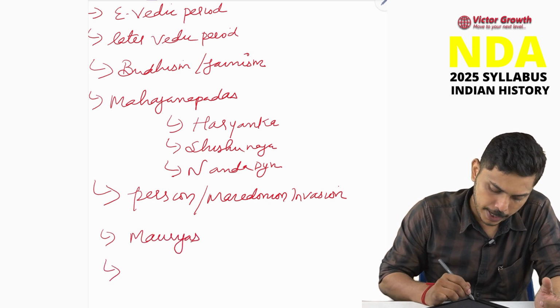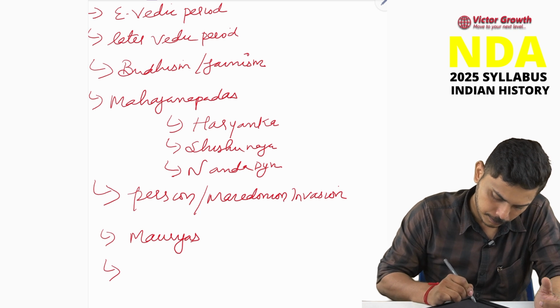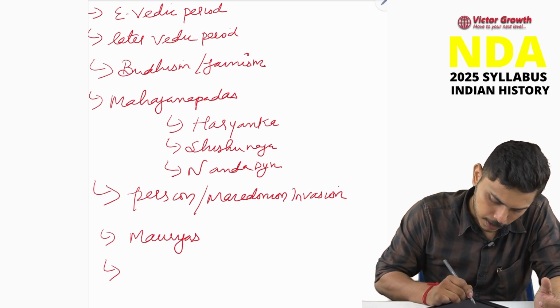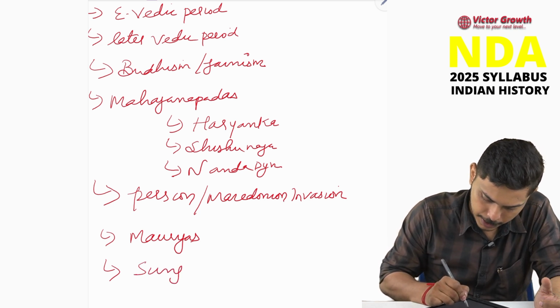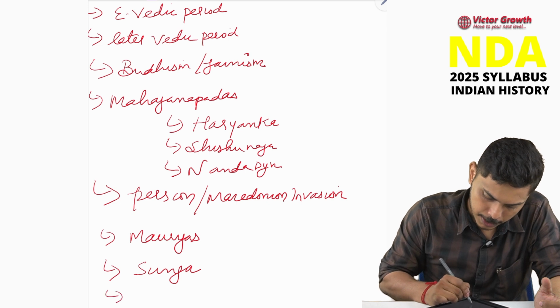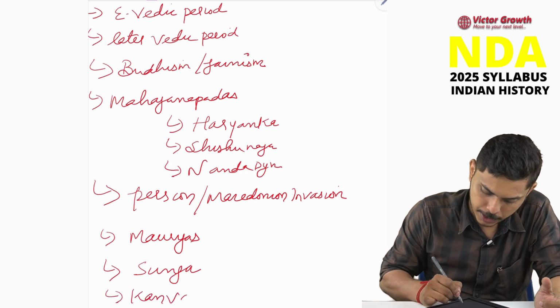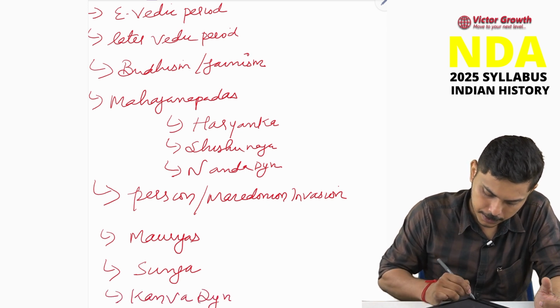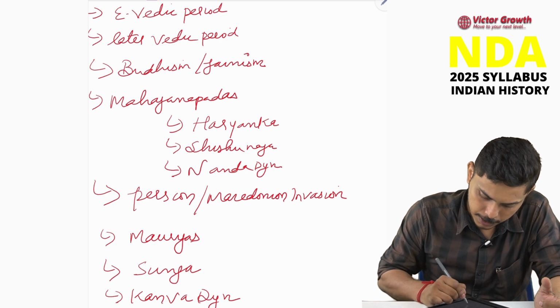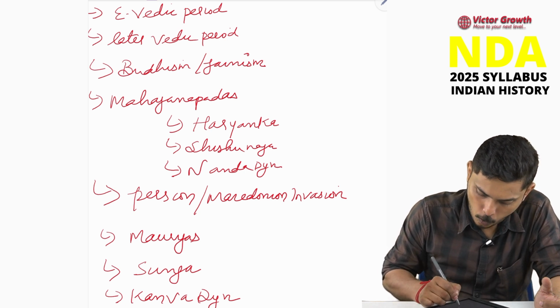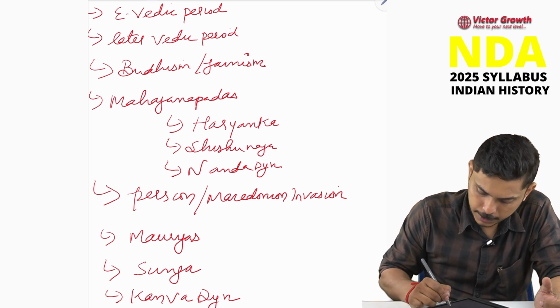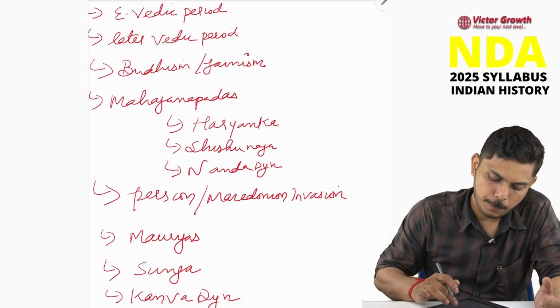Mauryas are followed by the Shunga dynasty, Kanva dynasty, Satavahana dynasty.